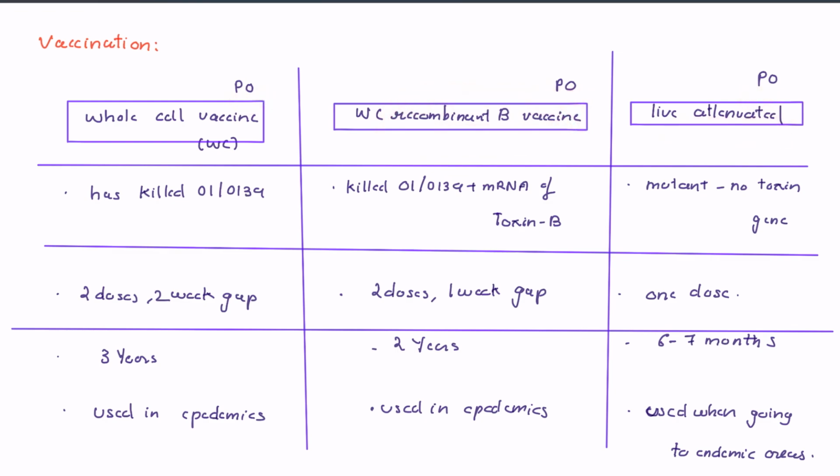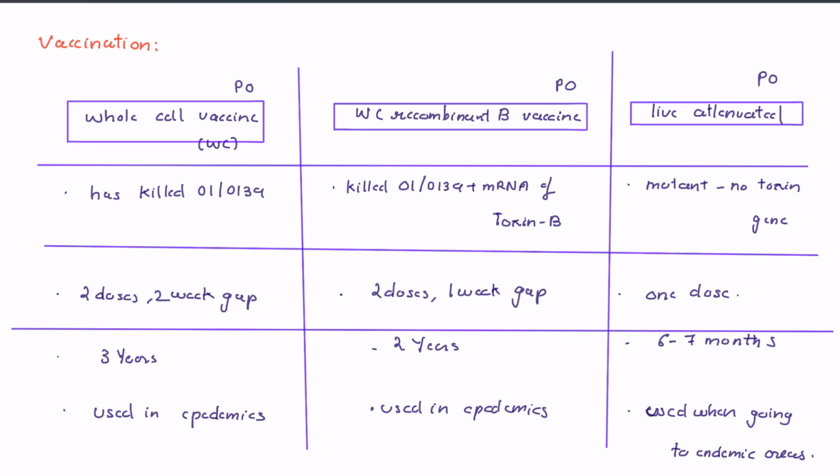So what does this whole cell vaccine contain? It contains killed O1 or O139 bacteria. The next contains the same as the whole cell vaccine plus the cholera toxin B subunit. As we have already seen, cholera toxin has parts A and B, so we use the B, which binds to the GM1 ganglioside receptors.